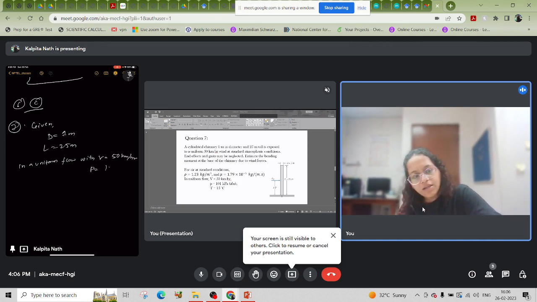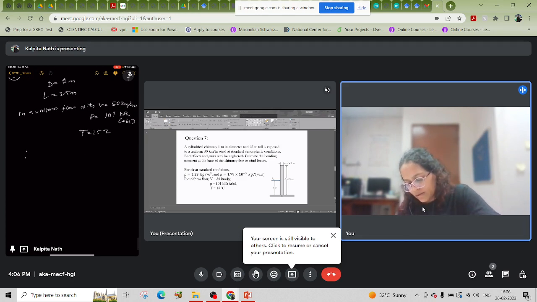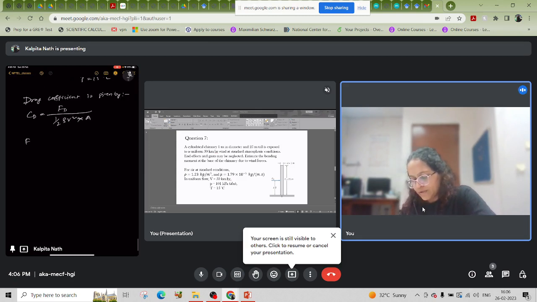And pressure is 101 kilopascal absolute pressure, and temperature is given 15 degrees Celsius. The drag coefficient is given by CD is equal to drag force upon half rho V square into A area. So therefore drag force is equal to CD into area into half rho V square.